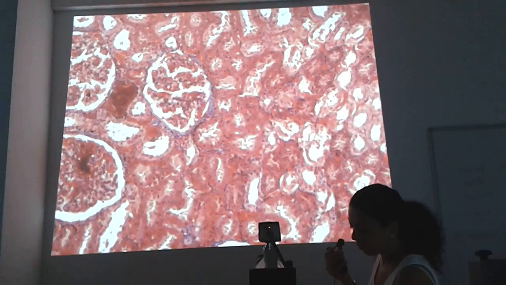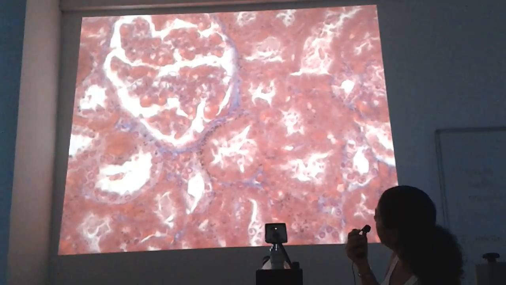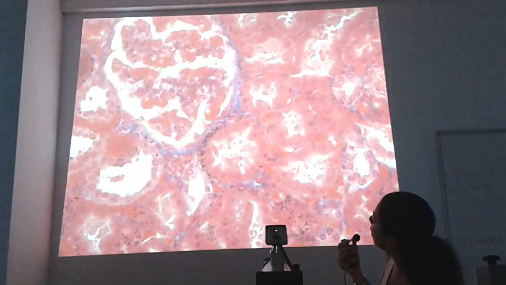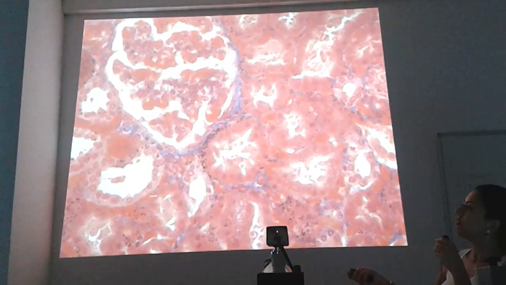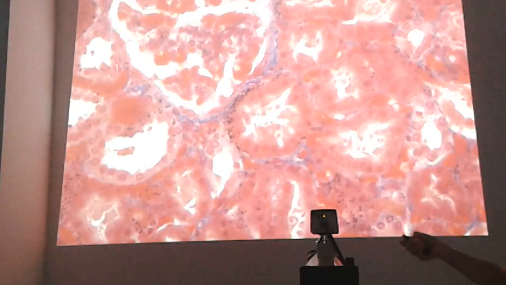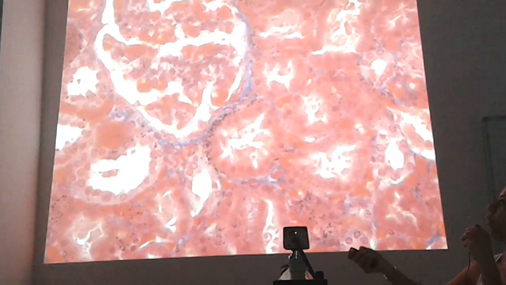It's not easy to distinguish. All right, so this is the highest magnification, and these are all tubules in the kidney. Kidney tubules, and all these kidney tubules are lined with simple cuboidal epithelium.